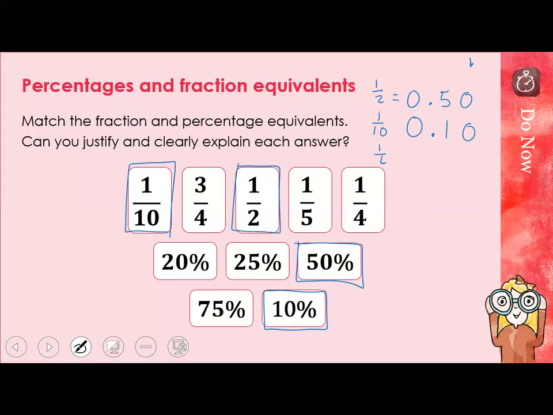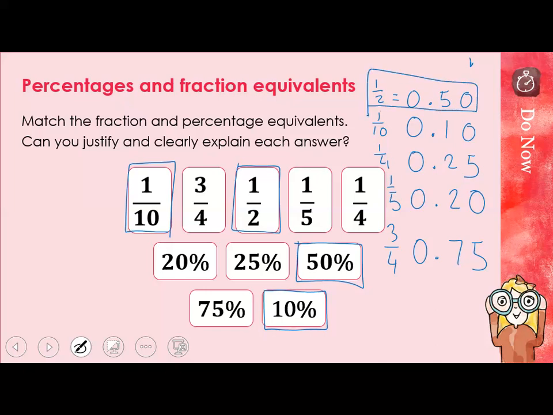A quarter is 0.25, and a fifth being 0.2, no hundredths in that number, and 3/4 being 0.75. So we can see, can't we, the relationship between a half being equal to 0.5 and it being equal to 50%.